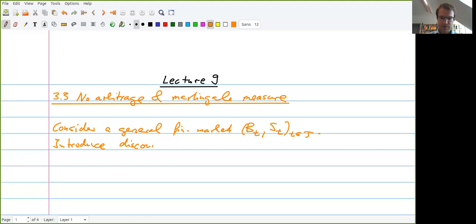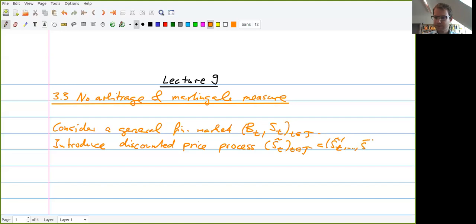The discounted price process will be denoted by S tilde. Of course, it's still a stochastic process indexed with respect to our discrete time set T, consisting of d assets.